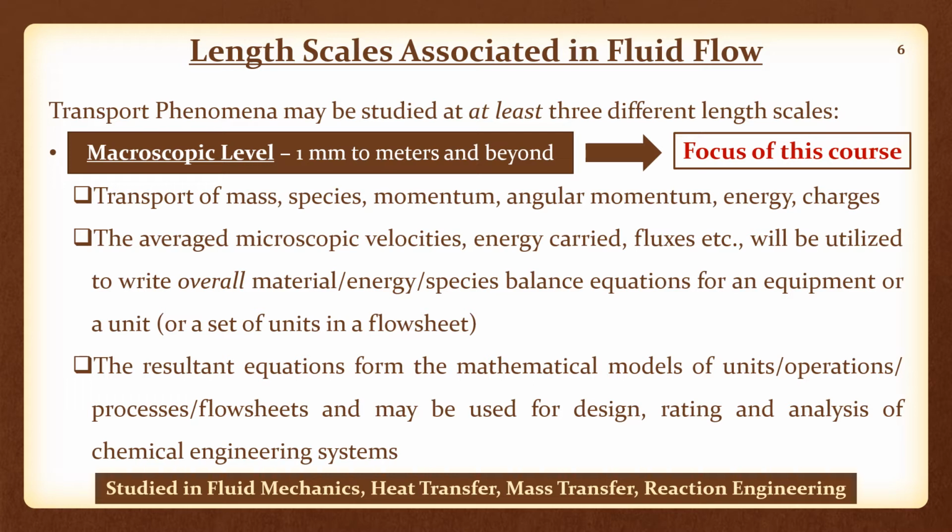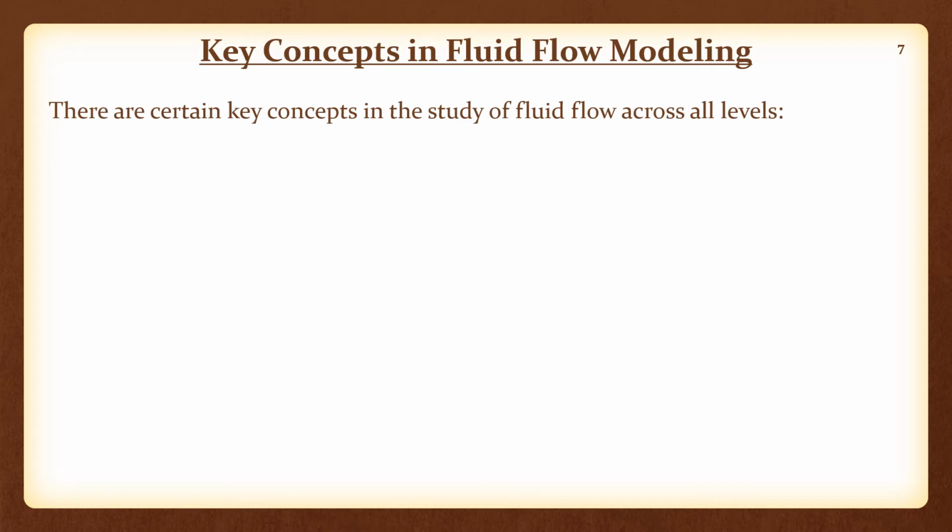In fact, as a prelude to developing models at the macroscopic level, we would first start with the microscopic level, then take a step back into the molecular level, and then come back to the macroscopic level. Now, if you look at some of the key concepts in fluid flow modeling, there are certain key concepts that are valid across all the length scales.